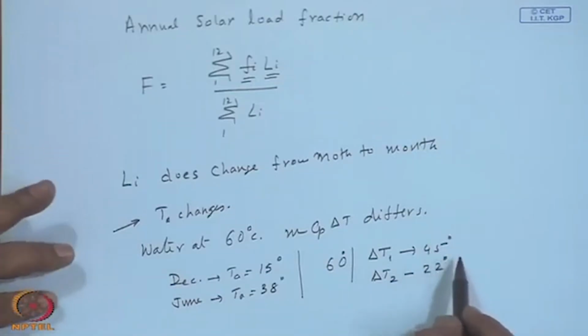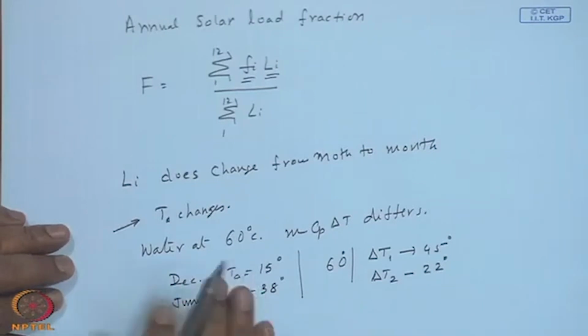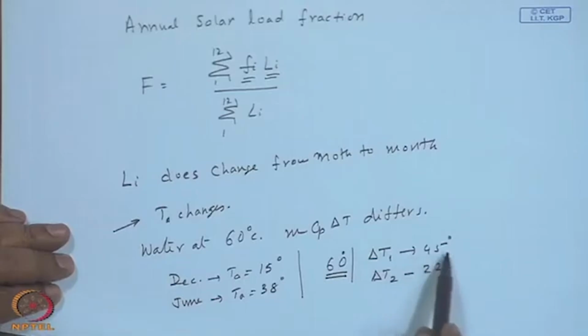In addition, you combine the fact that December radiation may be 2/3 of the June radiation. Do not think only of bathing, any other application. If my desired temperature is 60, the load on the system in the winter is almost 4 times the load in June.